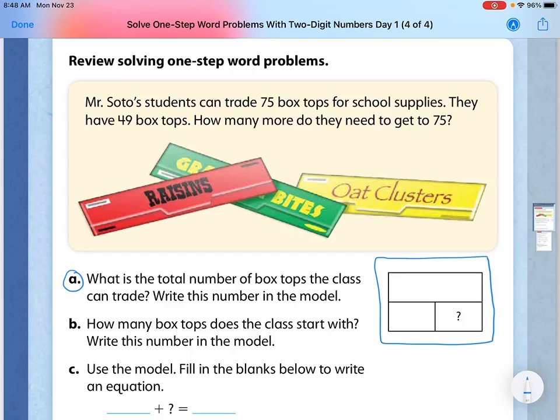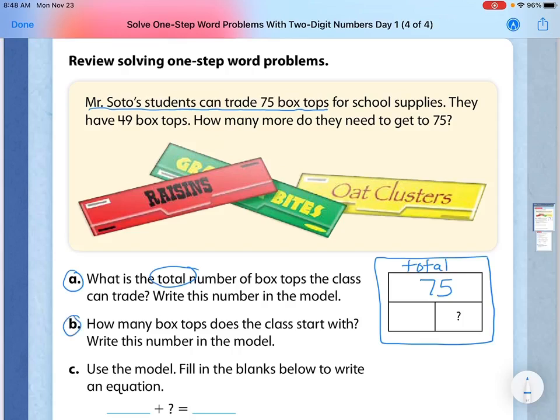Well, I need to go back up and look at my little problem. It says Mr. Soto's students can trade 75 box tops. So I'm going to write that number in the model up at the top. This is the total number they can trade. So 75 is going to go at the top. That's my largest number. It's my total, and I'm going to write total here.